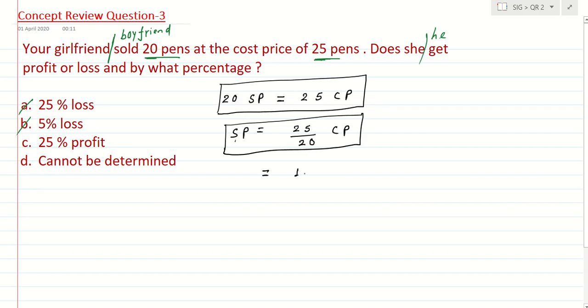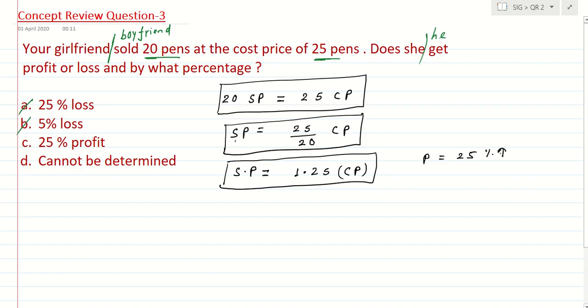So how much will we get here? We'll get 1 point, how much? 1.25. Superb. 1.25 of what? 1.25 times CP equals the final value. So when do I get 1.25 times? When the profit is 25%.